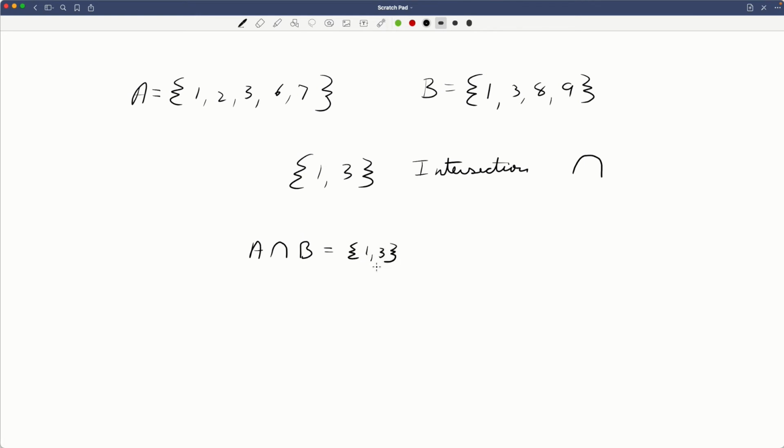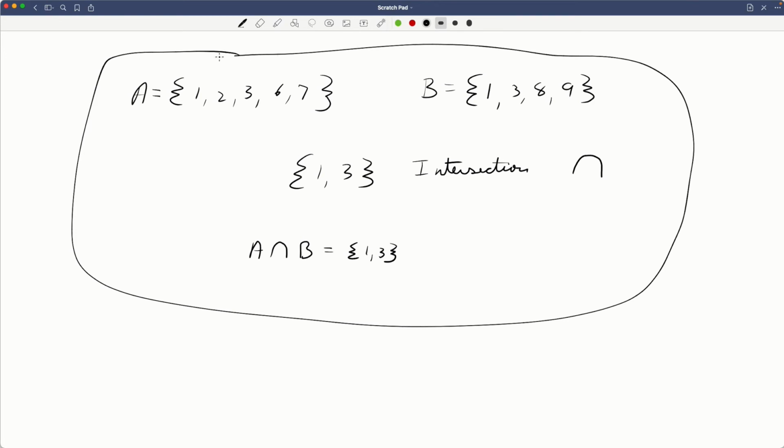And it's read as the intersection of sets A and B is equal to 1 and 3. We see that the intersection of two sets is the set whose members are members of both of the given sets. And that is what you want to include. So put all this in your notes so you can understand intersection, and that this is the symbol that we use for it.